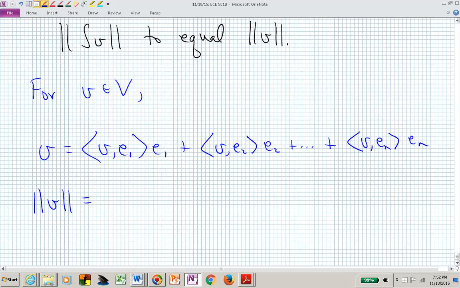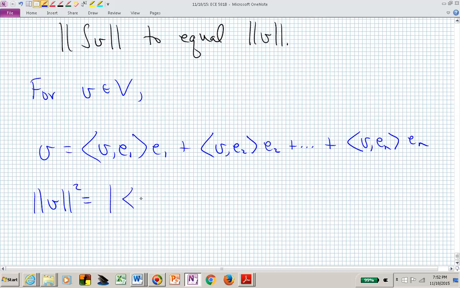Now, using a result from before, we know that the square of the norm of V, remember E1 through En are orthonormal basis vectors, and the inner product of V with Ej is just a scalar.